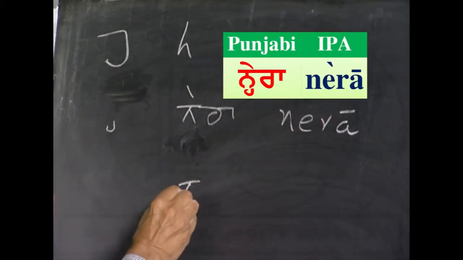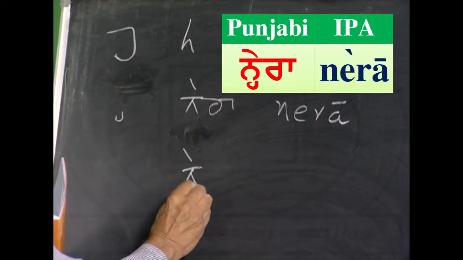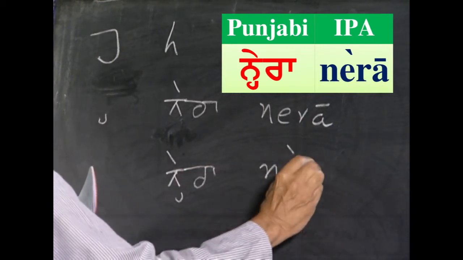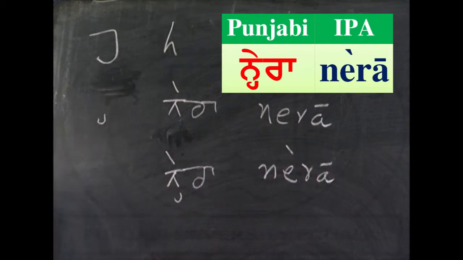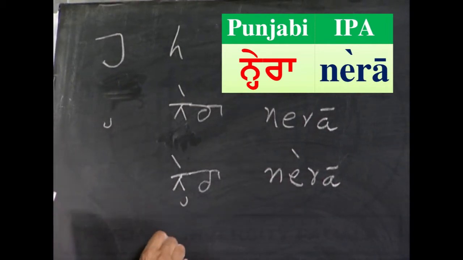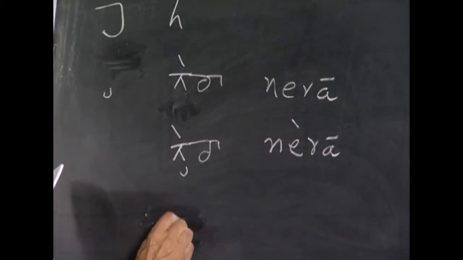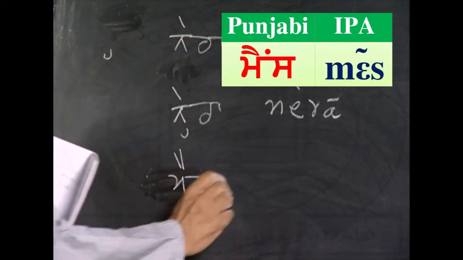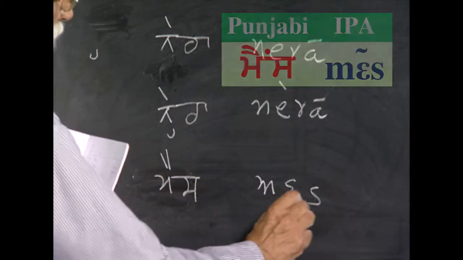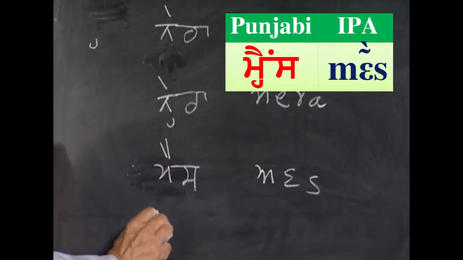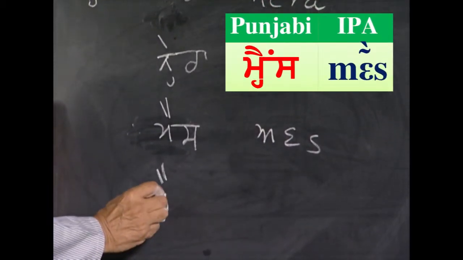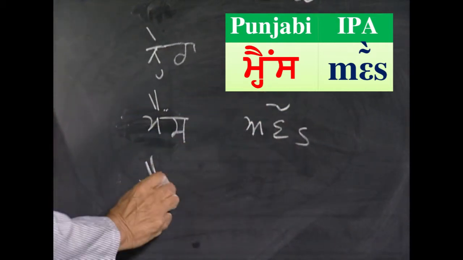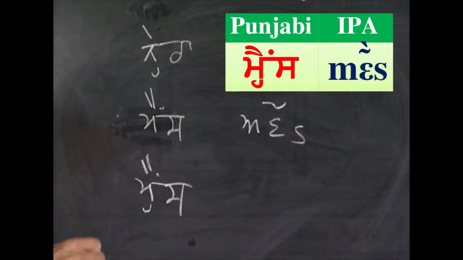And this is dera. Similarly, you will have mass, and if you put a little ha here, it becomes mass with a low tone, just to take any word.